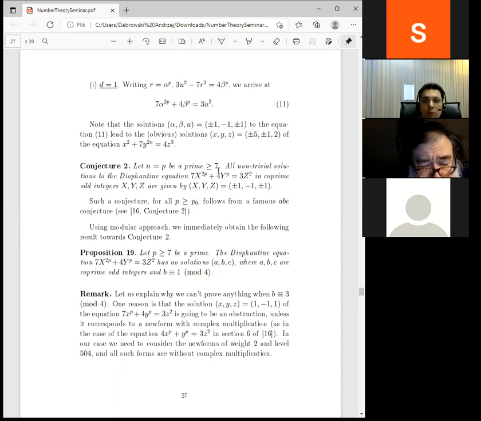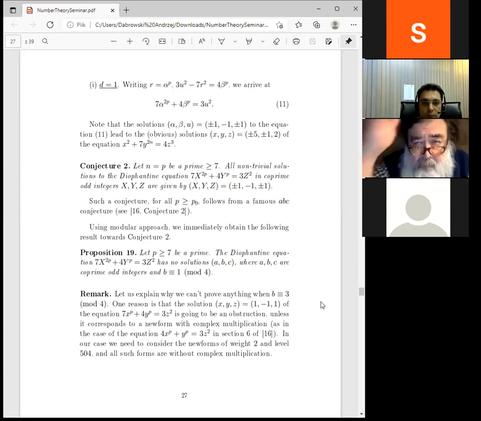And we can prove that there are no non-trivial solutions when B is congruent to 1 mod 4, but if B is congruent to 3 mod 4, this is a big obstruction.